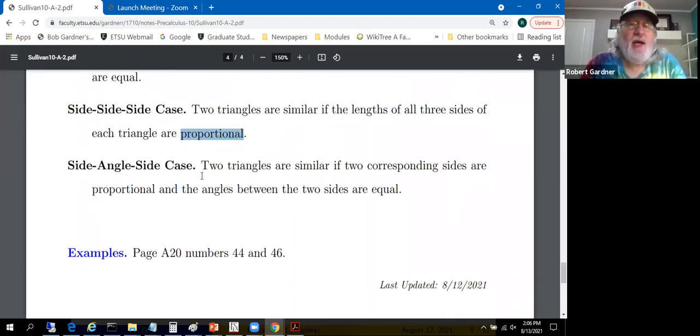with. Side, angle, side, SAS, dealing with similar triangles here. There's a similar side, angle, side dealing with congruent triangles, but it says two triangles are similar if two corresponding sides are proportional and the angles between them are equal. So we're not saying here that we have equality of the sides. We're saying we have proportionality of the sides.